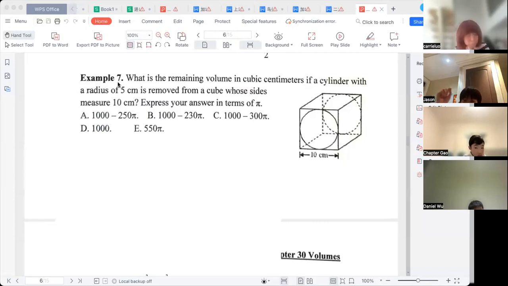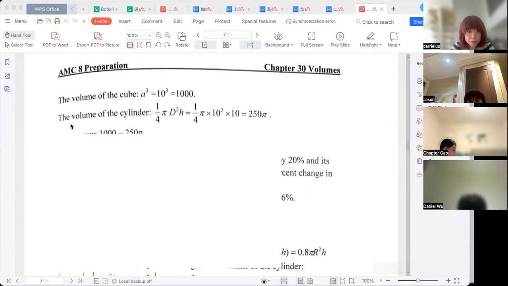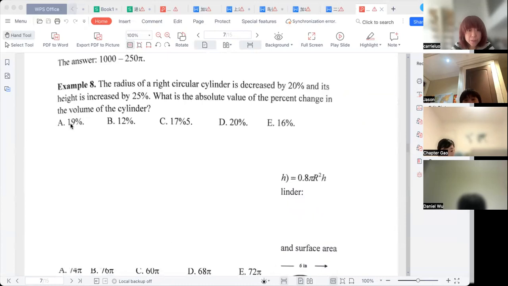So yeah. Very good. You make a very smart guess. So save a lot of time, right? The remaining volume in the cube, with the cylinder of radius 5 centimeters removed from the cube whose side is 10 centimeters. So first of all, the volume of the cube is 10 times 10 times 10. So immediately, you know, the answer must be chosen from A, B, or C, correct? Then you move on for the cylinder, so it's no hardness at all, right? So this question is pretty easy. Good job. Okay, so now let's take a look at number 8.